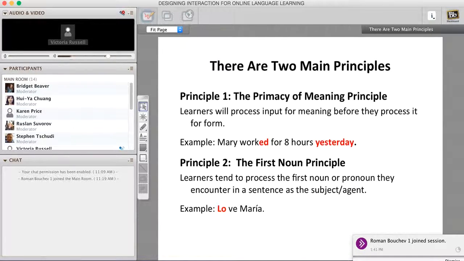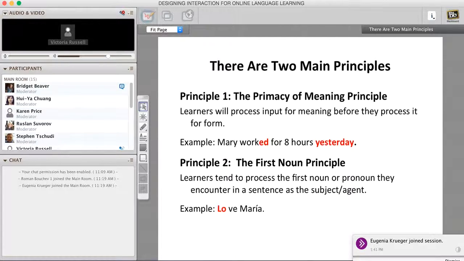It can be subject, object, verb, object, verb, subject, as in this example, or simply object, verb, lo ve, which is the most common. In Spanish, dropping the subject pronoun is the most common technique, which leaves the object pronoun in the sentence initial position, where learners are going to process it incorrectly.